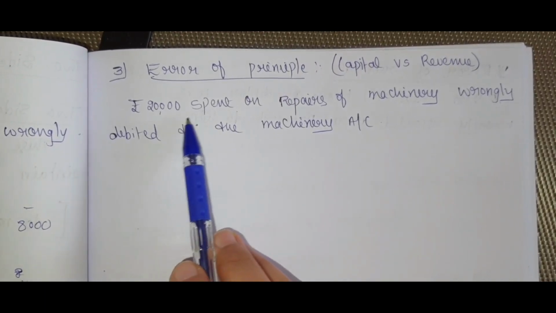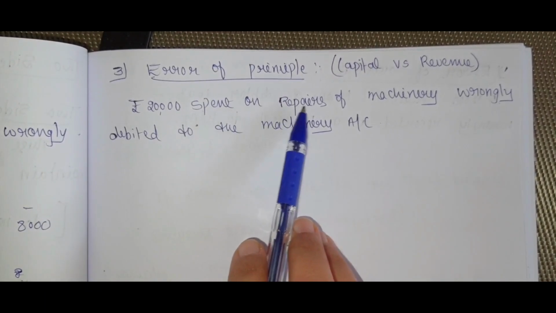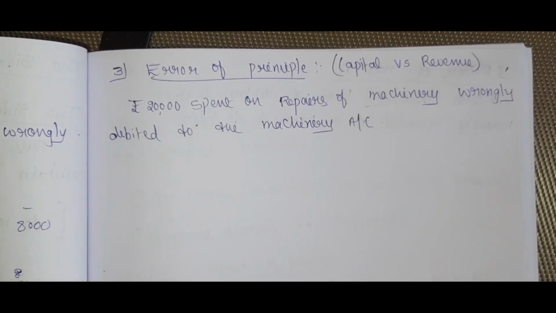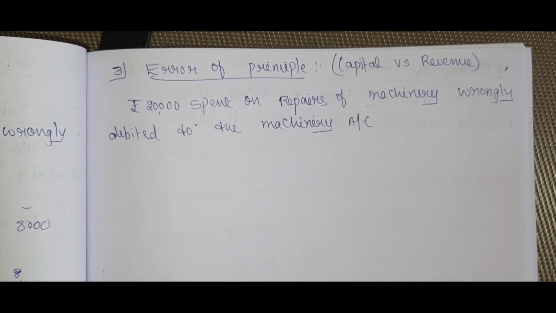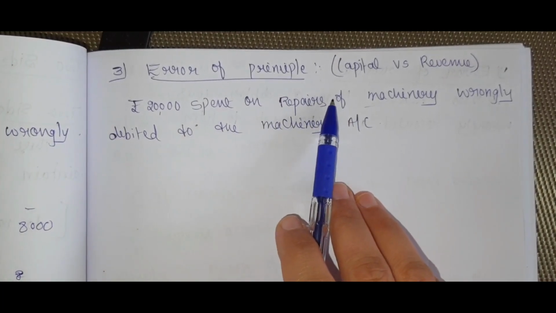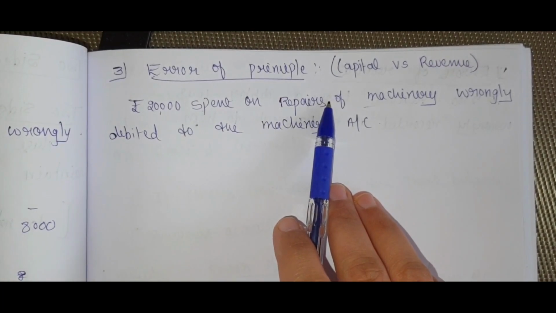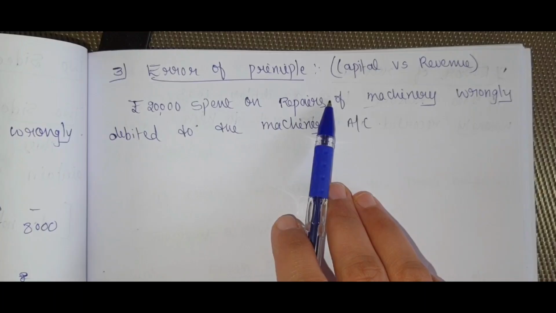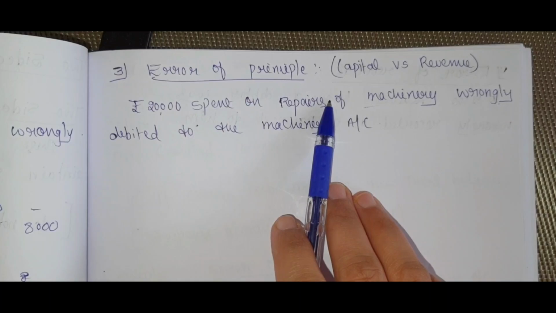See here, rupees 20,000 that is spent on repairs of machinery was wrongly debited to the machinery account. It means rupees 20,000 was spent on repairs of machinery. Here, revenue expenditure was wrongly capitalized. What we have to do?